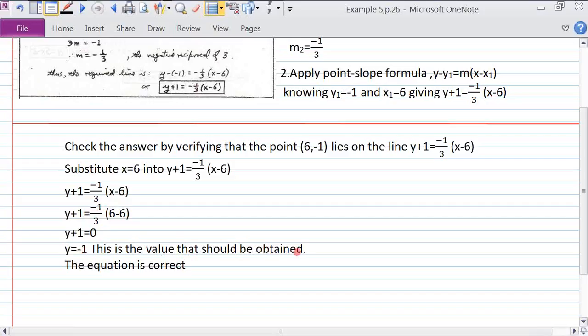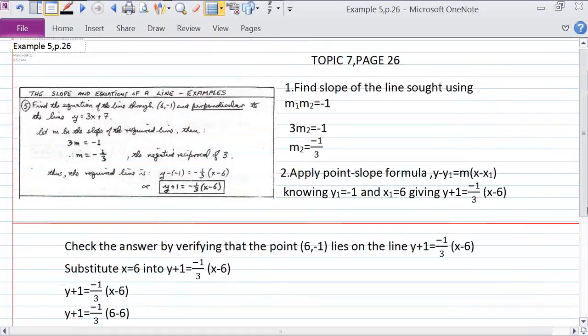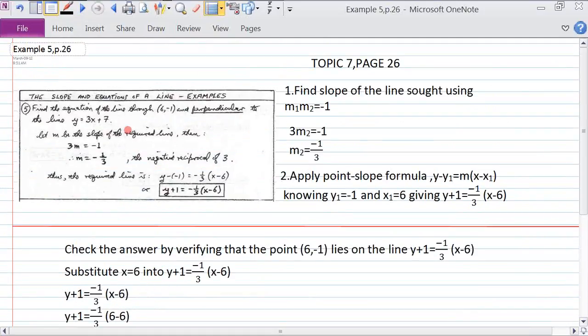This is the value that should be obtained, because we know that if x is 6, y should be minus 1. Now, if we didn't have the right slope, then this formula wouldn't work. This is just a means of verifying the answer. So here is the answer to the equation.